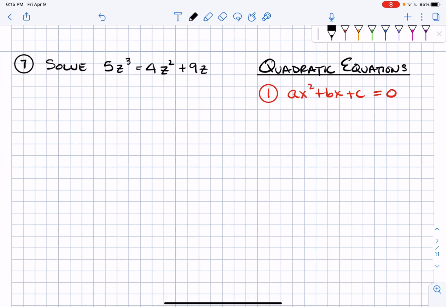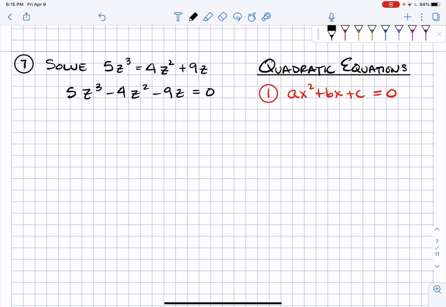So I got 5x to the third minus 4x squared minus, oh boy, those are not x's. Those are very much z's. Okay, I'm just going to erase them. Let's rewrite: 5z to the third minus 4z squared minus 9z is equal to 0.